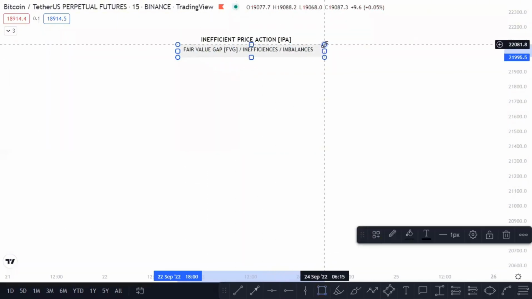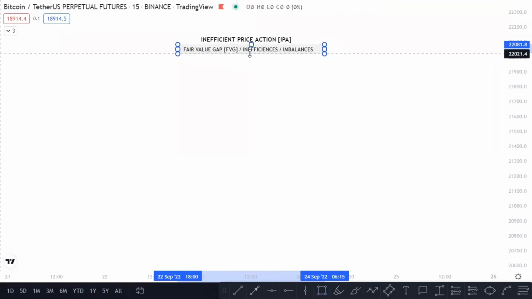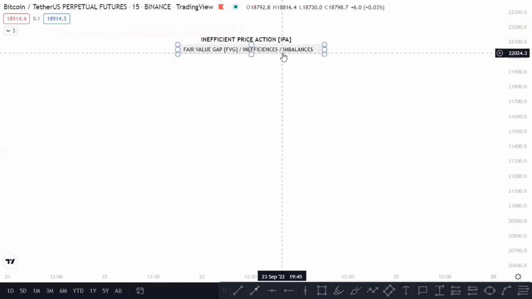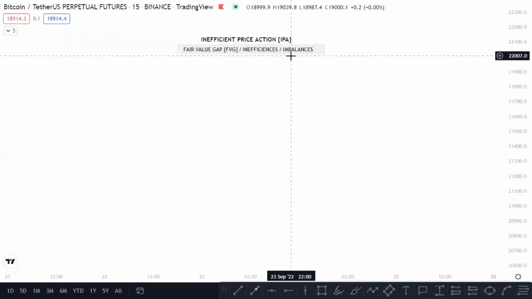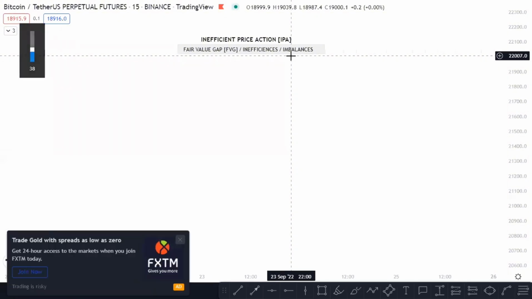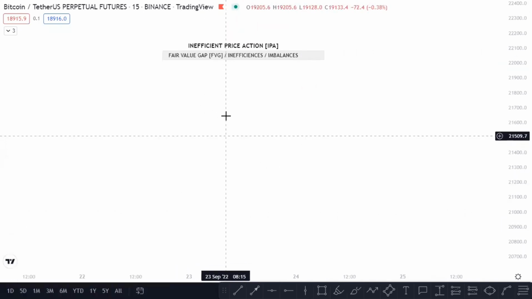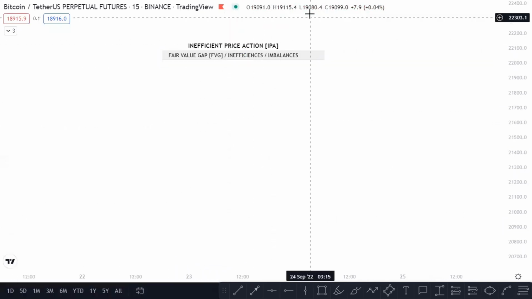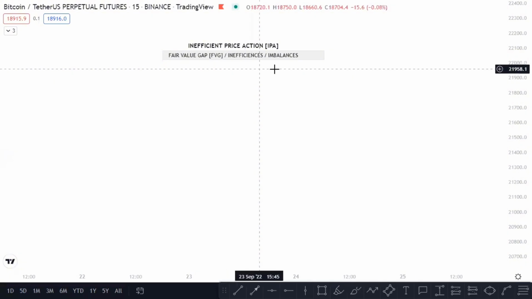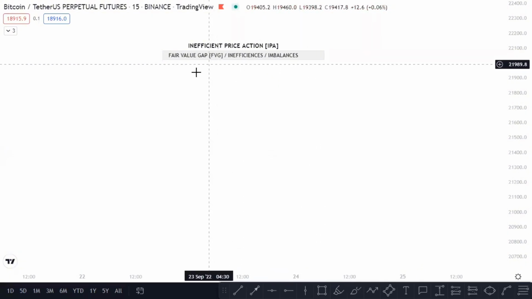They are all the same thing. Fair value gap, inefficiency, imbalances, they are all the same thing. Some persons may know them as fair value gap, some inefficiency, and the rest imbalances.